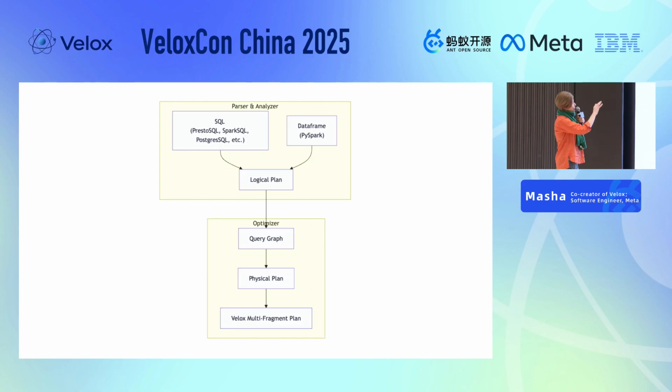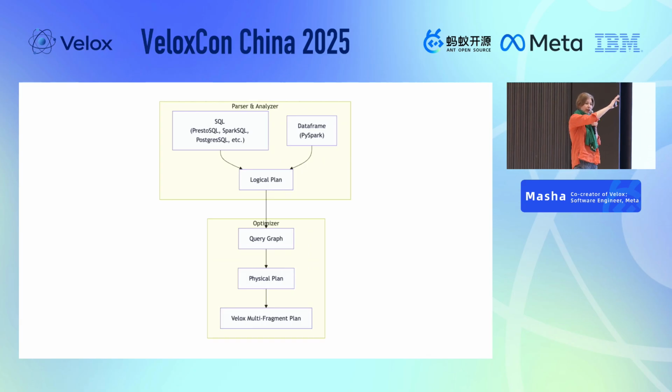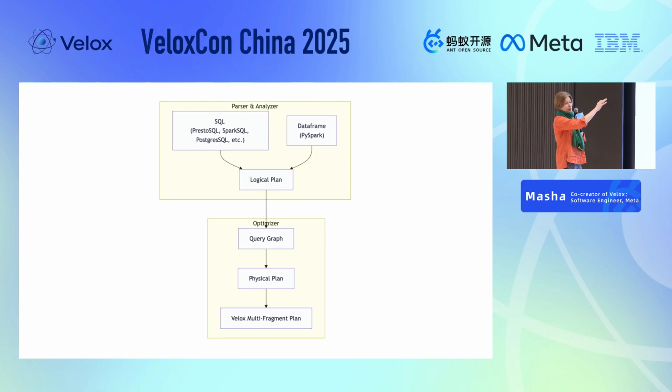To put this all together, this is what it would look like if you decide to use all of the Axiom components. You would have either a SQL parser or a data source, some sort of data frame API, maybe PySpark, maybe something else. And they both produce a logical plan. Logical plan is a new set of plan nodes introduced by Axiom to represent the query.